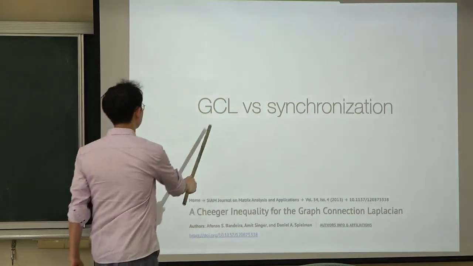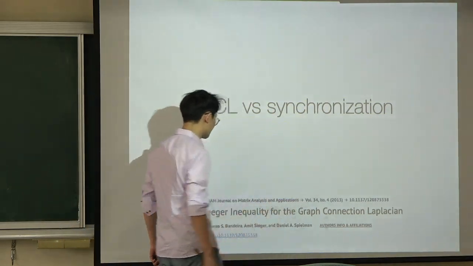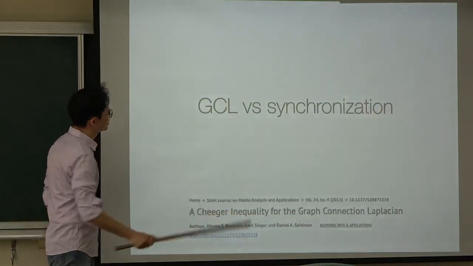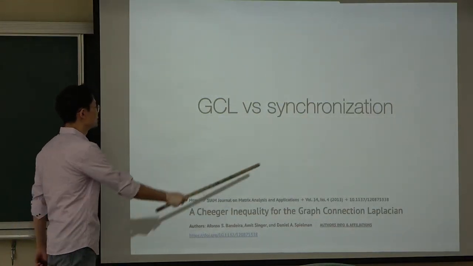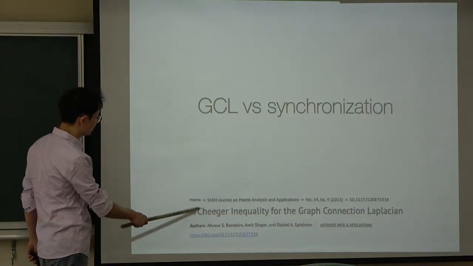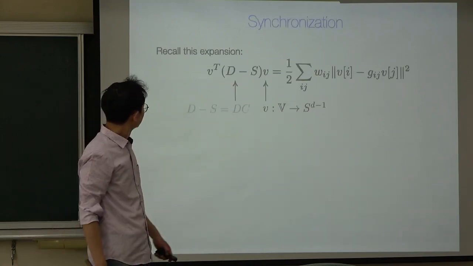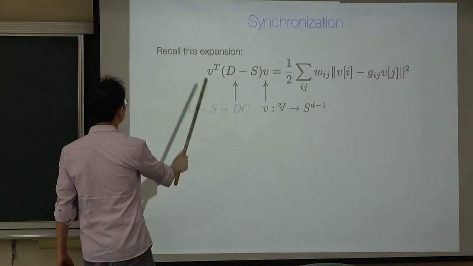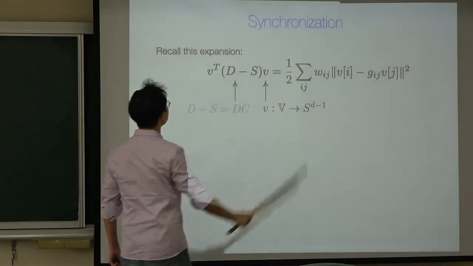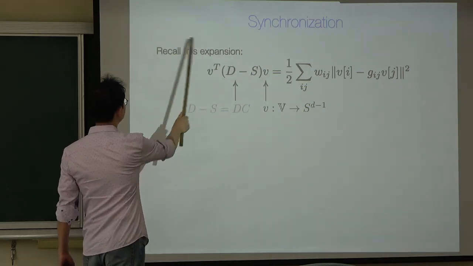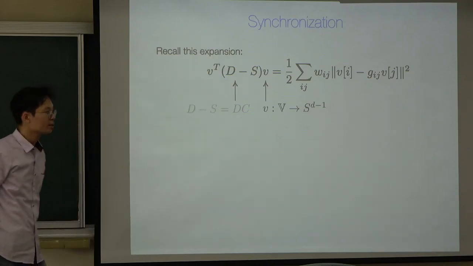And the graph connection Laplacian is also related to synchronization. And this is the main paper related to this direction, a theoretical paper related to synchronization. To understand synchronization, you can recall this expansion.